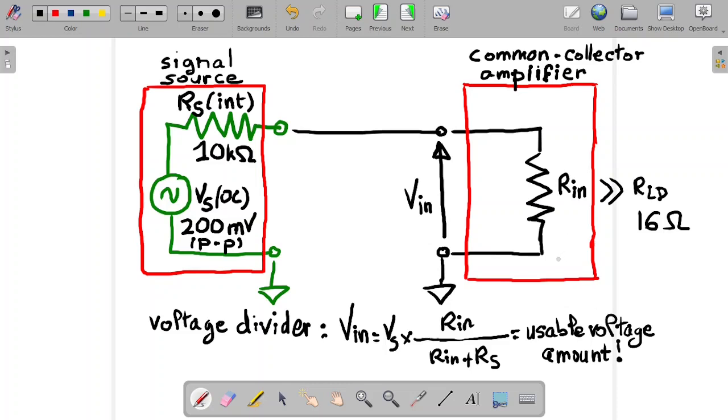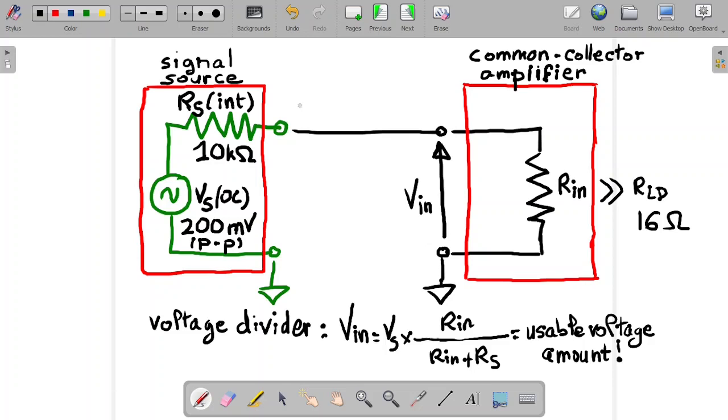So that's the whole point of using a common collector amplifier. You don't get a gain in the voltage, you get a gain in the current. Because the source has such a high internal resistance, very little current goes out.